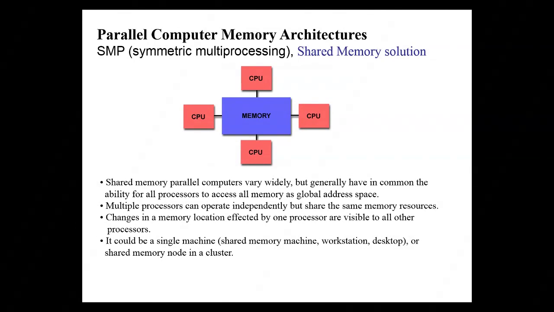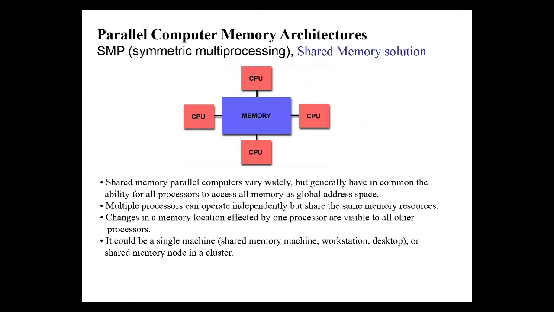Some systems may have more CPUs. Modern hardware uses the so-called fat node. The node will have many CPUs, and the memory will have a big chunk. It varies from small size to a big size. In this type of hardware, the multiprocessors can each operate independently.